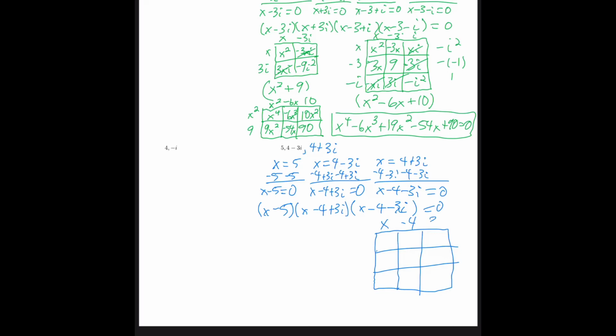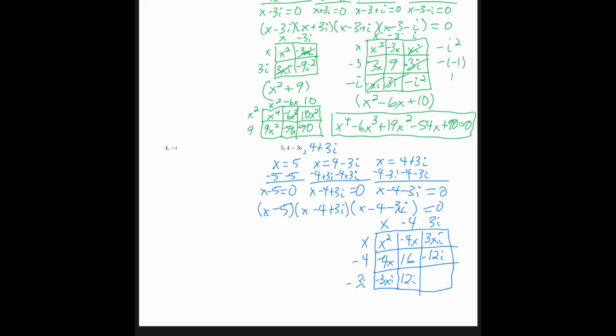We want to start out over here by multiplying the conjugates together. So x negative 4, 3i, x negative 4, negative 3i. X times x is x squared. X times negative 4 is negative 4x.